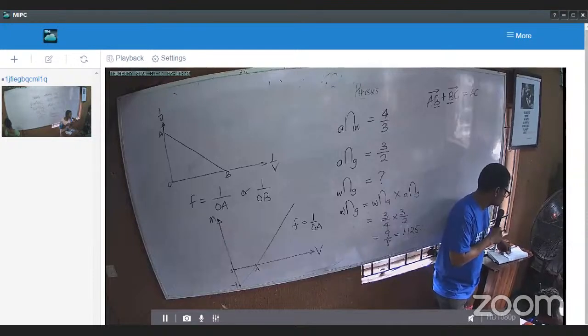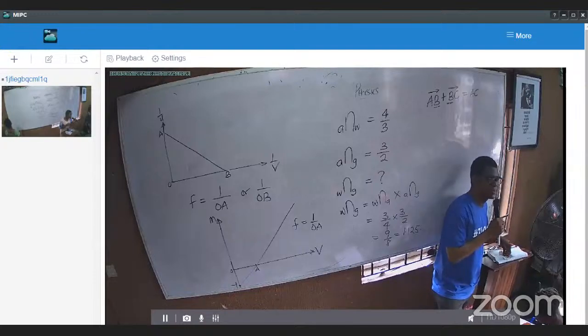Full stop. Calculate the magnification of the image formed.